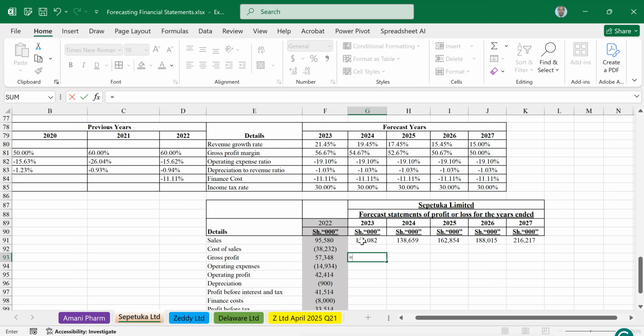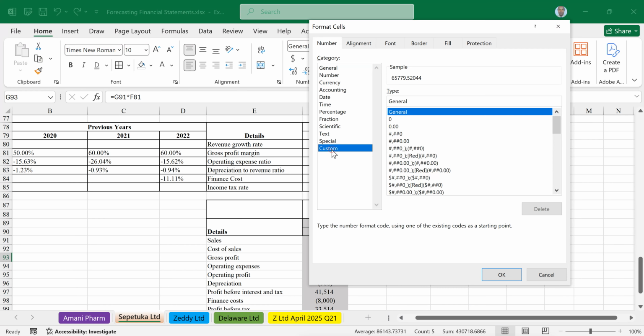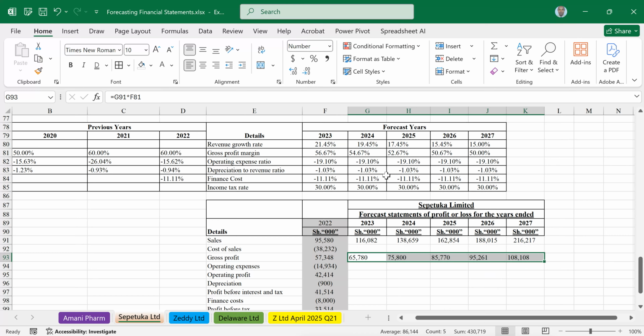Click on your revenue for 2023 times, then click on the gross profit margin that you've gotten up there. Don't lock anything and enter. That will give you some gross profit. You can change that format. You customize the format to pick what you want, or you can reduce that to 2 decimal places.